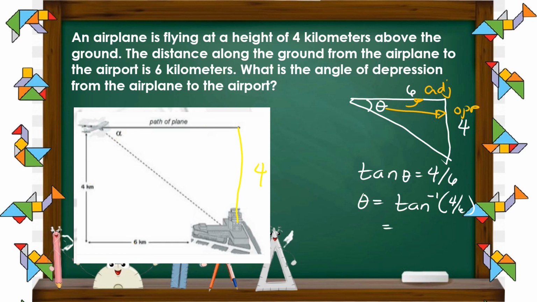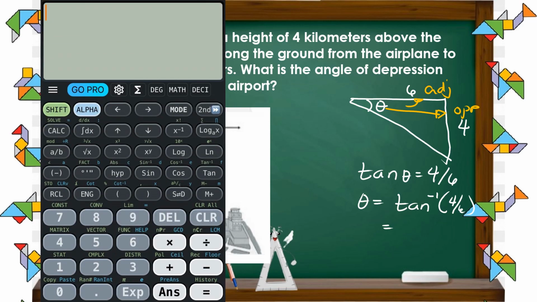Let me erase these illustrations first. To use your calculator, we're going to input first your shift. Shift first, this one. And then tangent. Use your parentheses. Then 4 divided by 6, another parenthesis, and then your equal sign.